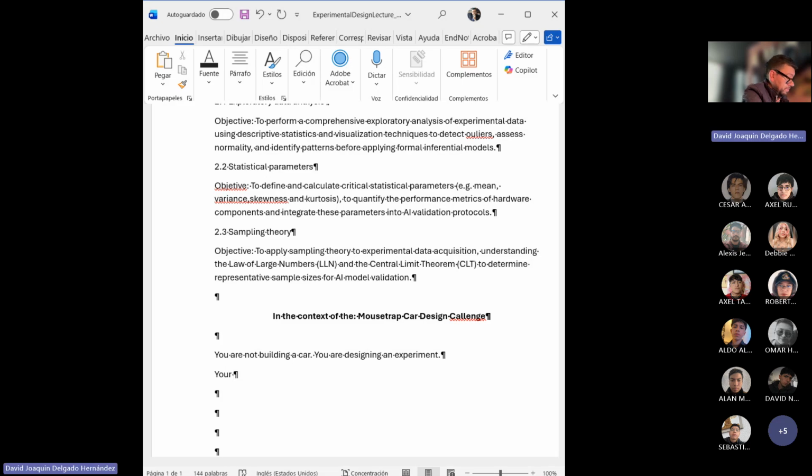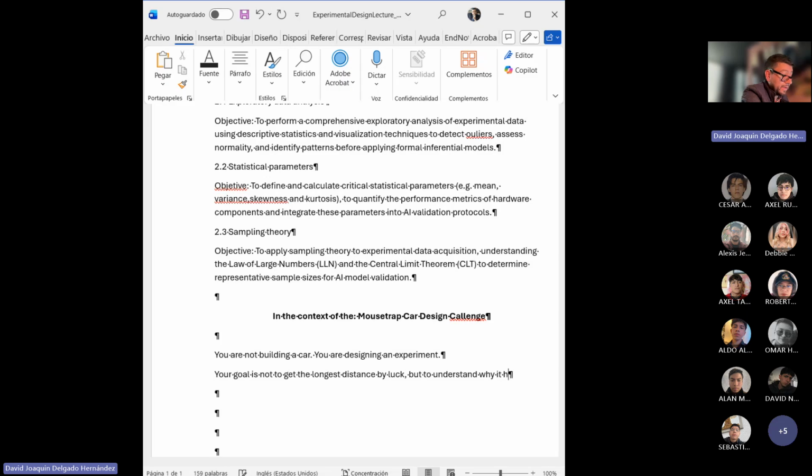Your goal is not to get the longest distance just by luck, but to understand why it happens, why this car is getting the longest distance, okay?